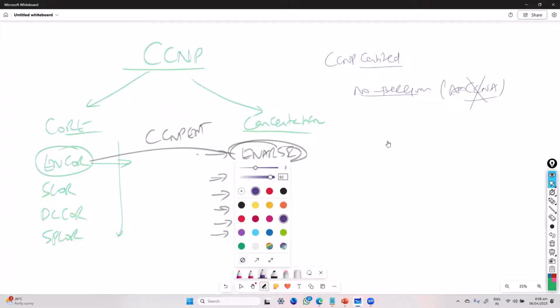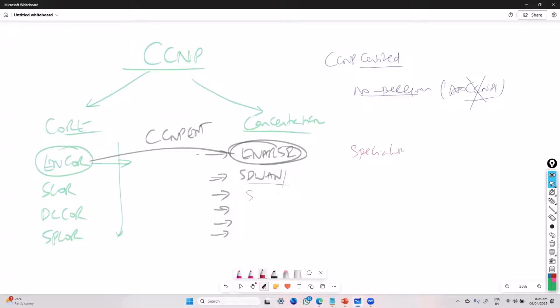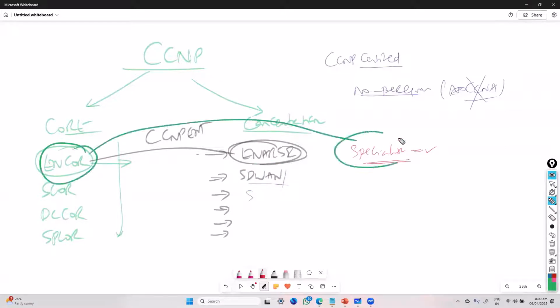When you pass any one exam, you will get the specialist certificate. Let's say I write the ENARSI exam, you'll get a certificate called Enterprise Advanced Routing Specialist. If you write this exam, you will get the SD-WAN Specialist certificate. If you write this exam, Enterprise Core Specialist, like that. Each exam will have a specialist certificate issued by Cisco.